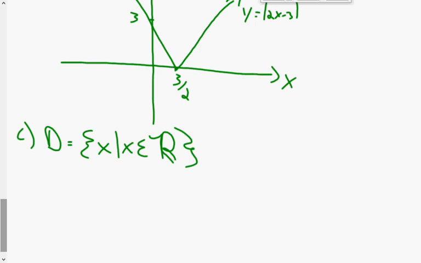Now range. Range talks about the y values. Now, if I look, y always has to be positive, or it can be 0. Right? Technically, I'm touching y at 0 here. So we'd say that y is greater than or equal to 0. Did I do that right?